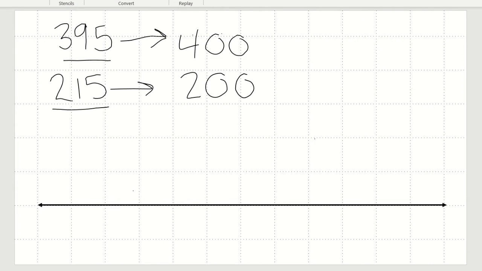And why this is helpful is because let's say I was paying bills, for example, right? And I needed to know how much of my income needed to go to these bills. Well, if one bill is $395 and the other was $215, I can turn them into compatible numbers and see that, well, 400 plus 200, I can do that mentally. I know that easily that that's 600.